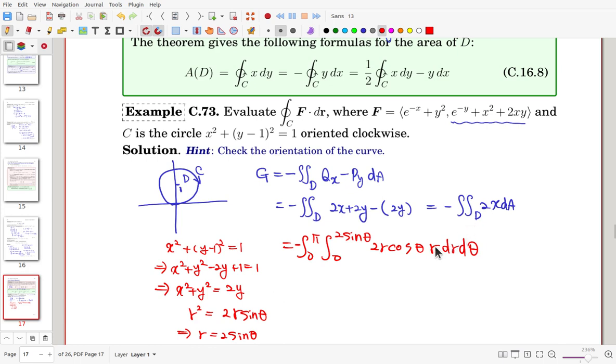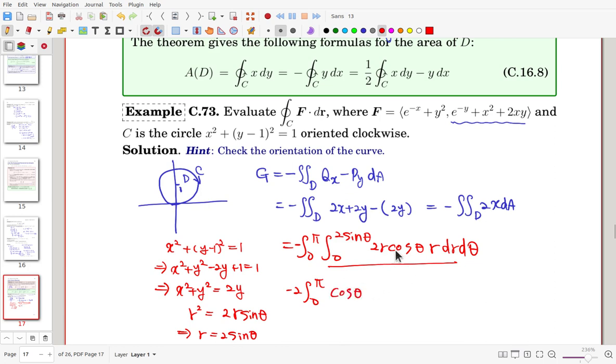Now for this one, there's the r integration first. So that is 2 r squared, so the 2 can go out. So the minus 2 from 0 to pi, and cosine theta may go out here.